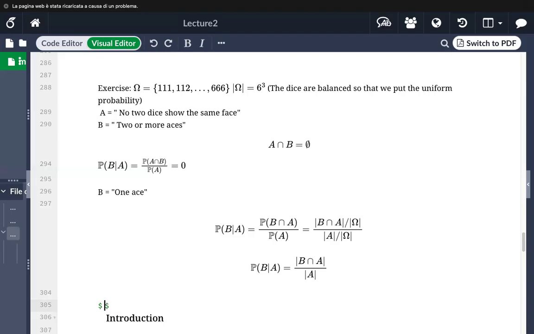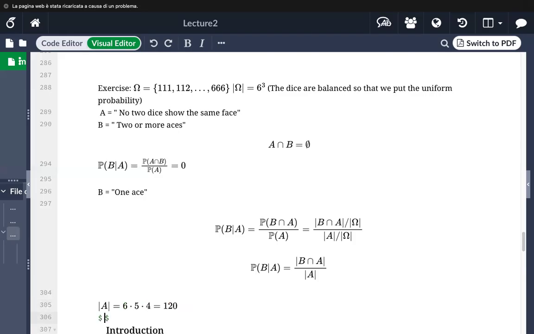So it is 6 times 5 times 4, which is equal to 4 times 5 is 20, 20 times 6 is 120. So this is the cardinality of A.